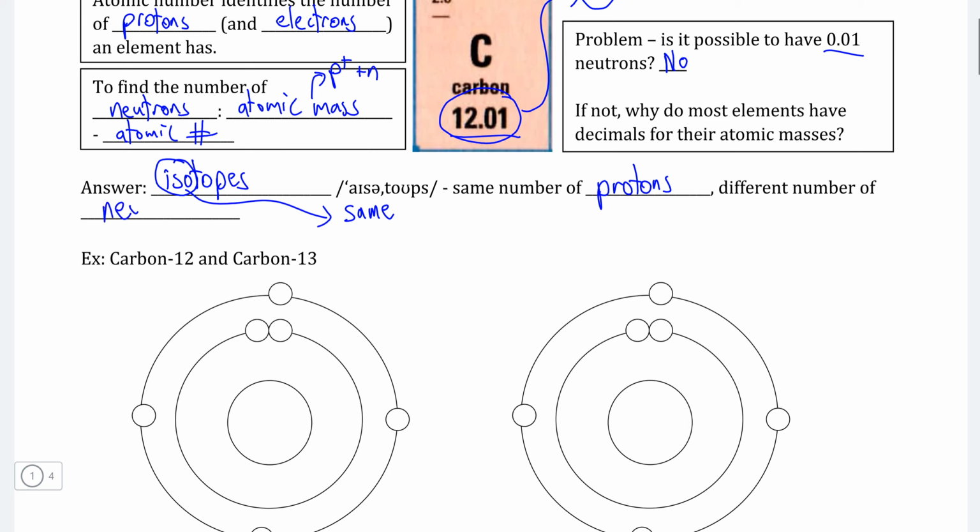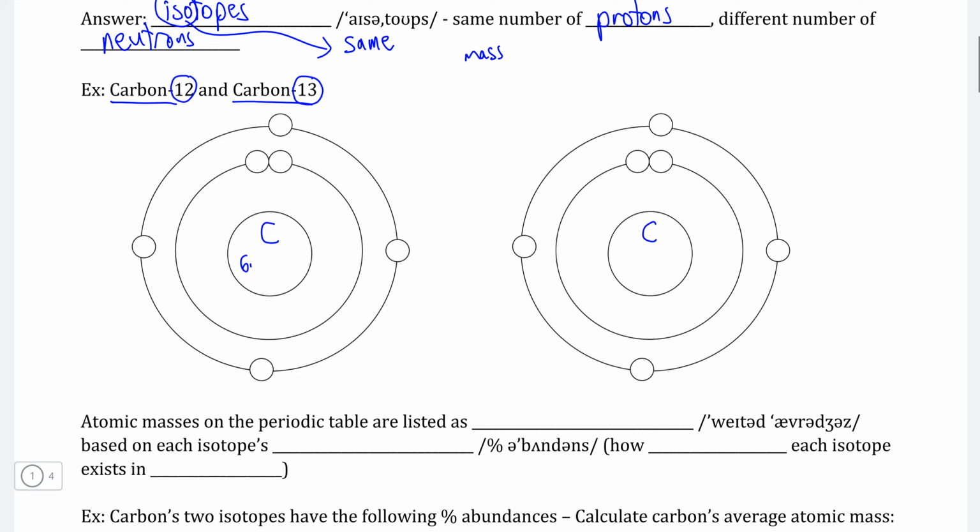For example, there are actually two isotopes that both exist on Earth: carbon with an atomic mass of 12 and carbon with an atomic mass of 13. Now, if we were to look at the Bohr-Rutherford diagrams of each of these carbons, they would be almost indistinguishable in that both of these are carbon, meaning that they both have 6 protons in their nucleus, and they would also have the same number of electrons before it formed a compound.